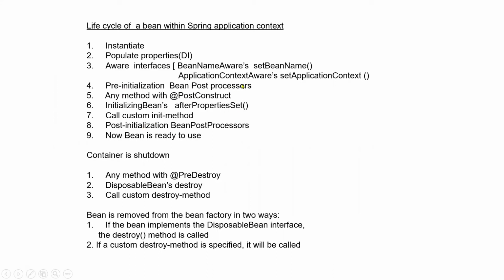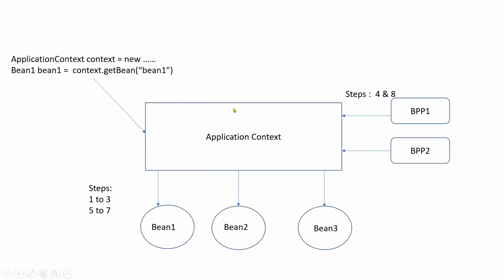So the post processor will execute at two steps. Then for steps 5, 6, 7, we can use any one, for example @PostConstruct. This is the bean level initialization. If you see the diagram here, steps 1 to 3 and 5 to 7 are individual bean level. But the bean post processor is registered to the factory. As part of the life cycle, every bean must go through the bean post processor at step number 4 and 8, right?